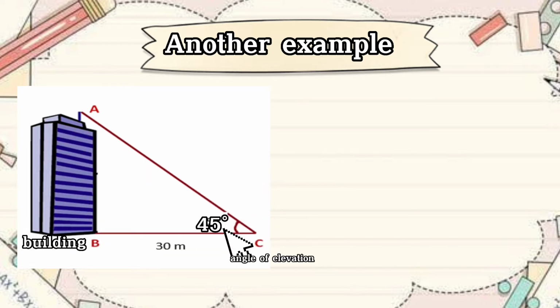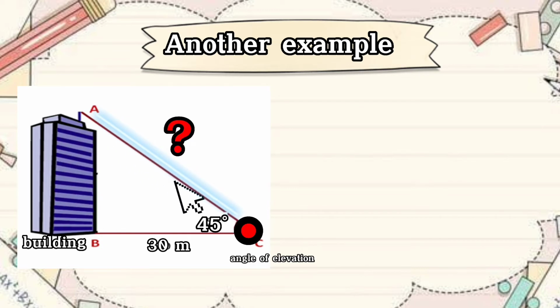At yung distance ng building from our angle of elevation is 30 meters. So, ang pinapahanap dito ay yung distance ng top of the building to the point of observation. So, ito yung observation natin at ito yung top. So, itong side na to yung hinahanap.